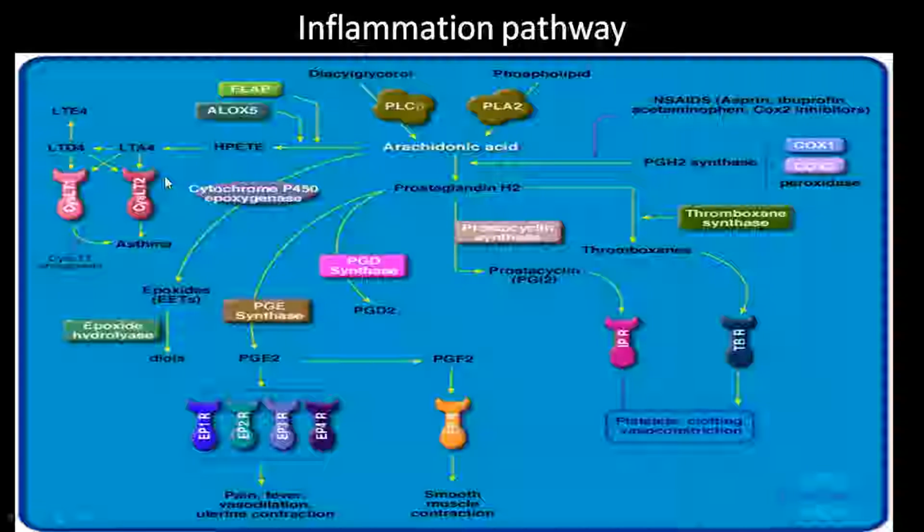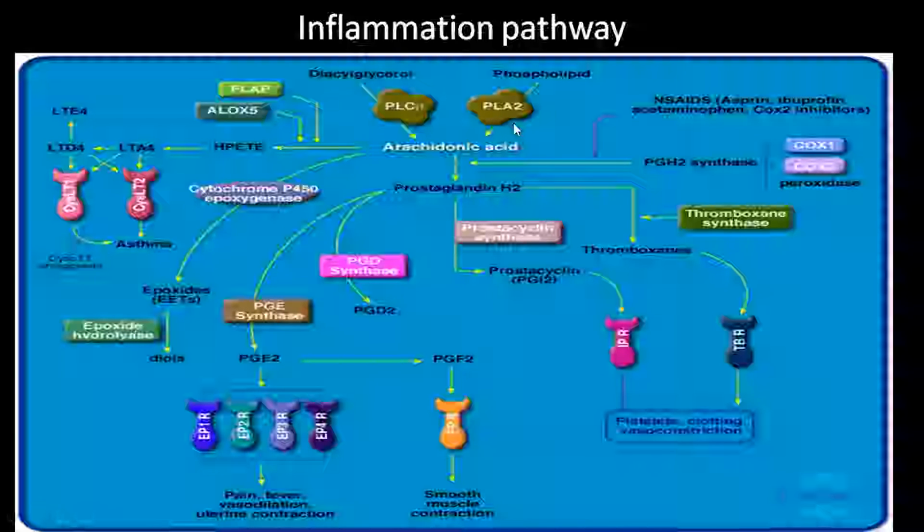Whereas simultaneously arachidonic acid goes into the leukotriene pathway, where the enzyme called lipoxygenase 5 converts arachidonic acid into 5-HETE and so on. So generally the focus of drug discovery has been targeting this COX-2 enzyme, or targeting this PGE synthase enzyme, or targeting the lipoxygenase enzyme, because lipoxygenase is also involved in asthma and so on, or simultaneously targeting.